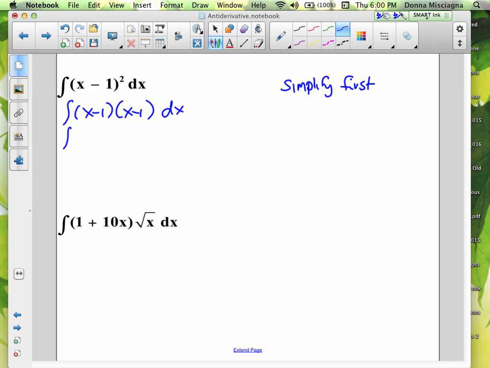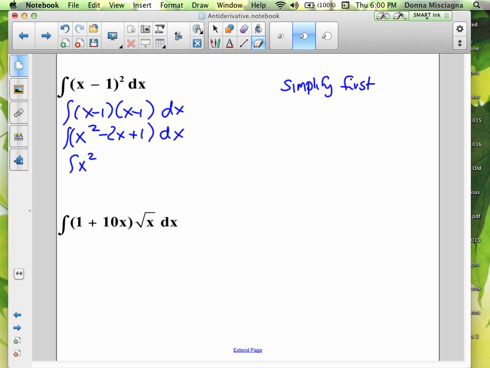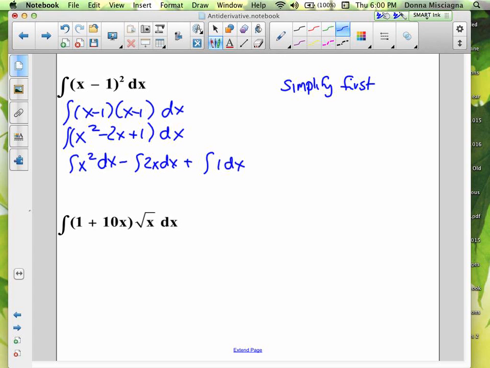And the product of those two is just x squared minus 2x plus 1. And now we can take the integral of the x squared part and the integral of the 2x and, oops, excuse me, I forgot to write the dx's next to it. My variable of integration. Minus the integral of 2x dx plus the integral of 1 dx.